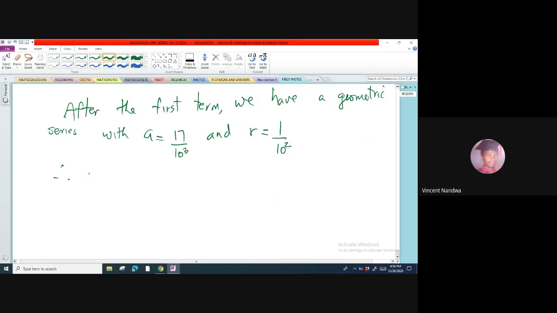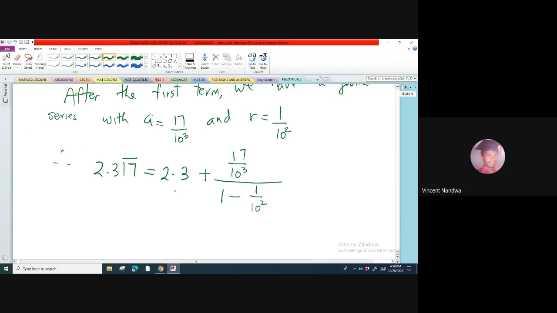So therefore, 2.317 recurring is the same as 2.3 plus 17 over 10 power 3 divided by 1 minus 1 over 10 squared. So remember, absolute r is less than 1, so that's why we are using this.